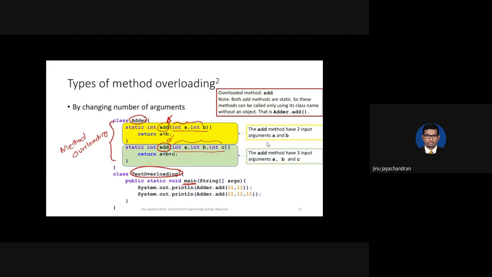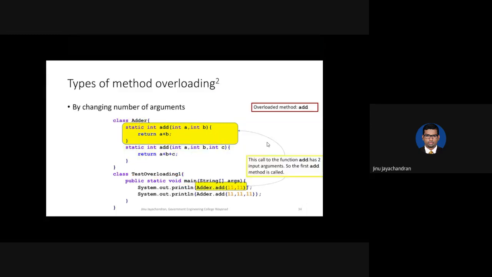The data type of the arguments is the same, but the number of arguments is different. So when I call add(11,11), forget about the Adder dot, you are passing only two parameters. What will the Java code do? It will look in the class and see which method has only two parameters, which is this method, so this method will be called and it will add those two.